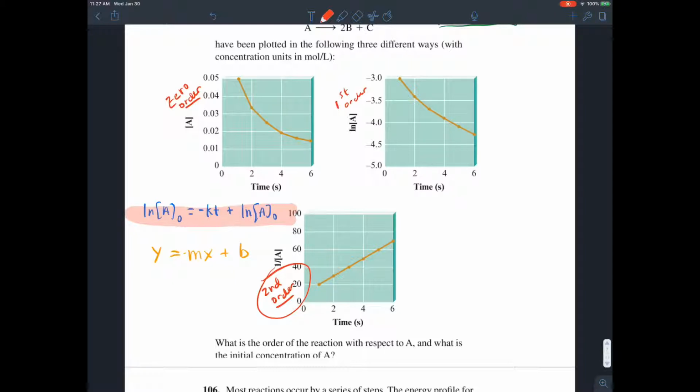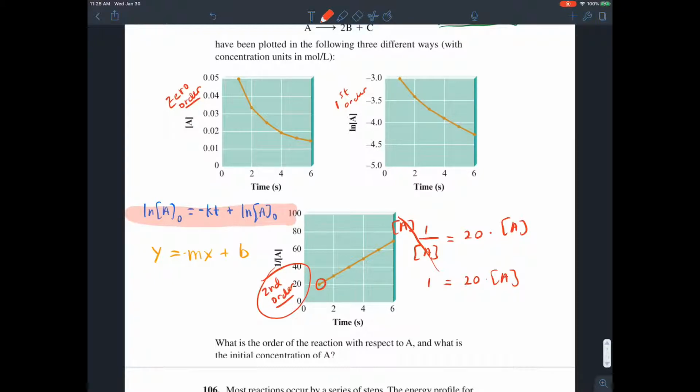So all we have to do is determine this point right here. This would be 20 here. So that's 1 over A. That's what our y is, and our value is equal to 20. To solve for just the initial concentration of A, all I would need to do is multiply both sides by A. If I do that, these cancel, and I'm left with 1 is equal to 20 times the concentration of A. That's not what I want.